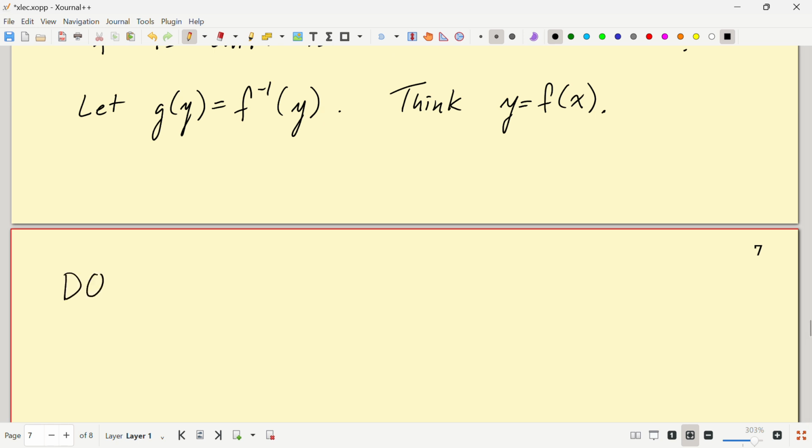The difference quotient would be g of y minus g of f of c over y minus f of c.